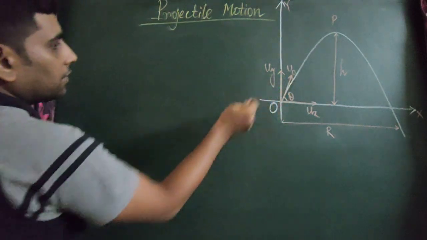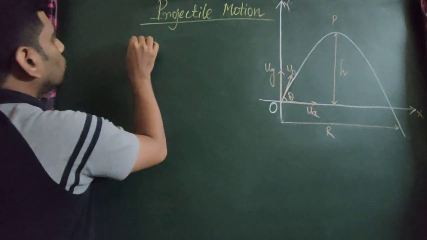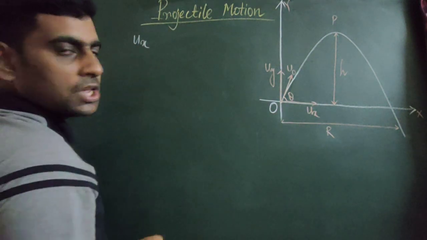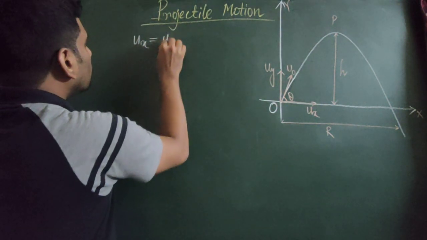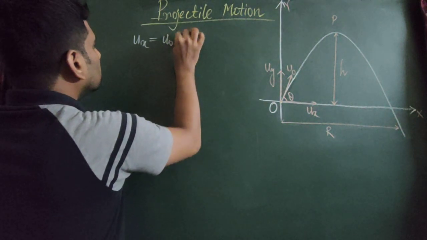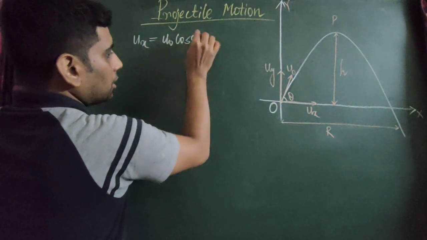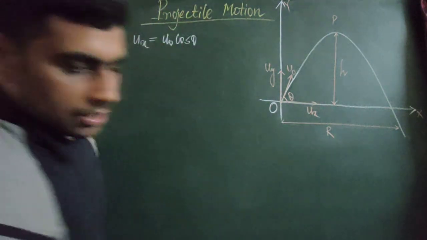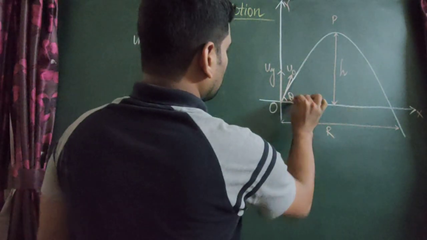This initial velocity u0 has two components. One is the horizontal component, written as ux, which will be u0 cos theta. If you want, you can also call the angle theta 0 initially.